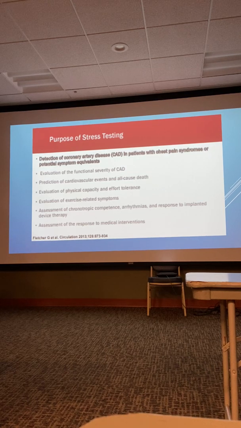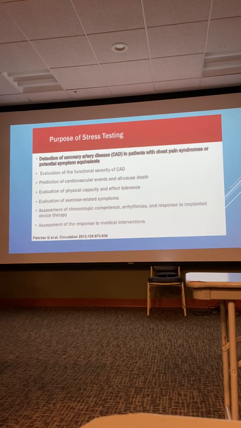Sometimes we know patients already have coronary disease, and we're doing the test to assess the efficacy of medication therapy for people being treated with beta blockers, nitrates, or calcium blockers for angina. Is that effective for managing their coronary disease, or do they still have a lot of ischemic abnormalities despite medical therapy? And then, some of the things we've learned from these tests: what is the risk for sudden cardiac death, and what's the risk for heart attack?